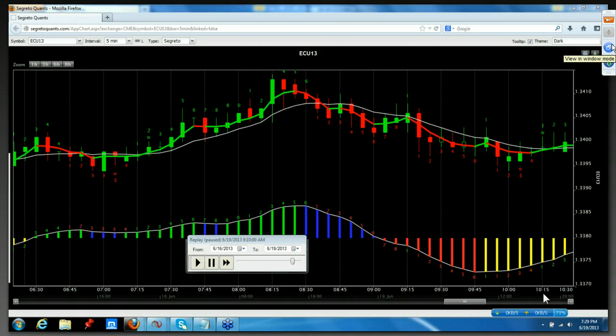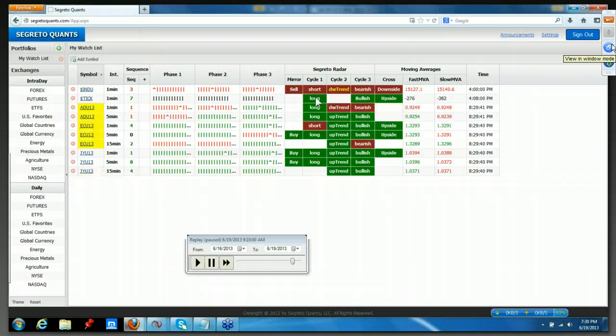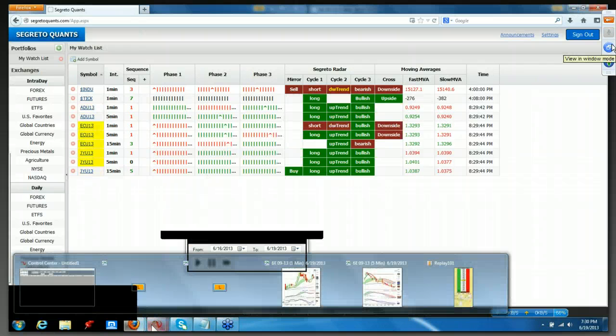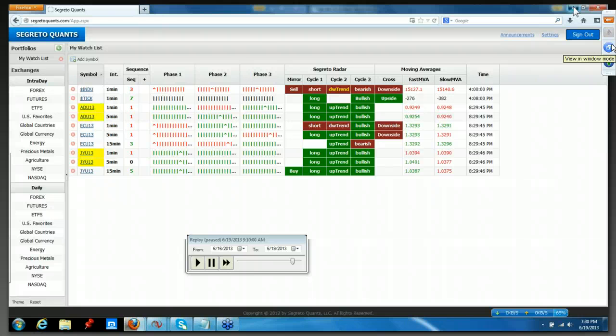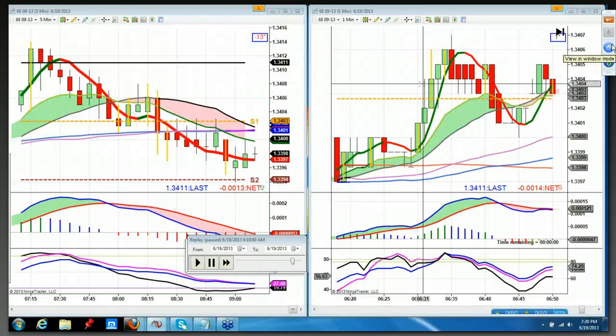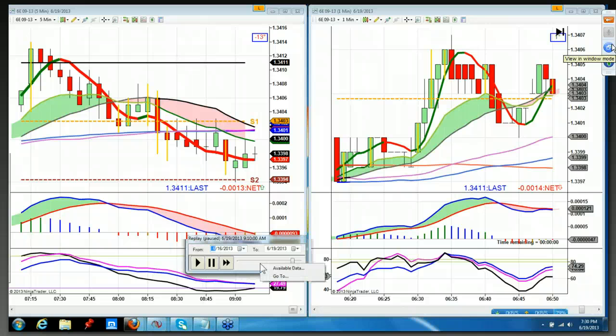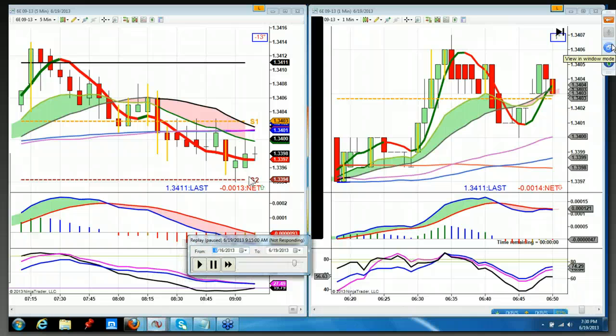So what I need to do on my charts is go to 9:15. And here it is right here. Or at least, we're going to pull up the indicator charts and it should show up. All right, I'm just waiting for the charts to load here.